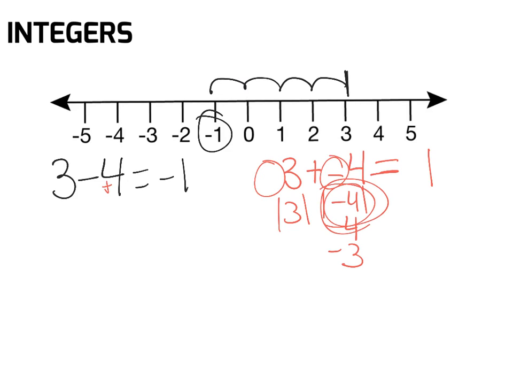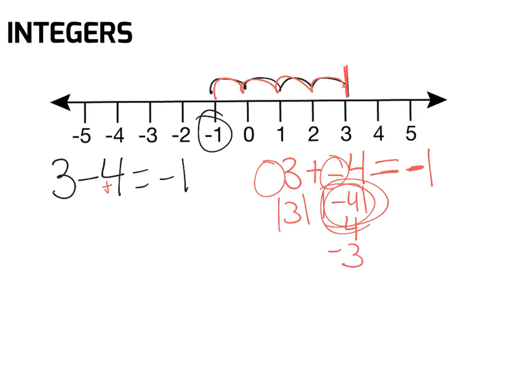Again, -4 is the greater absolute value, so we're going to keep the negative sign, just like we did in the last video. So again, I start at 3, and I go left 4, because I'm adding a -4. So -4 means less, which means left, and I get a -1.